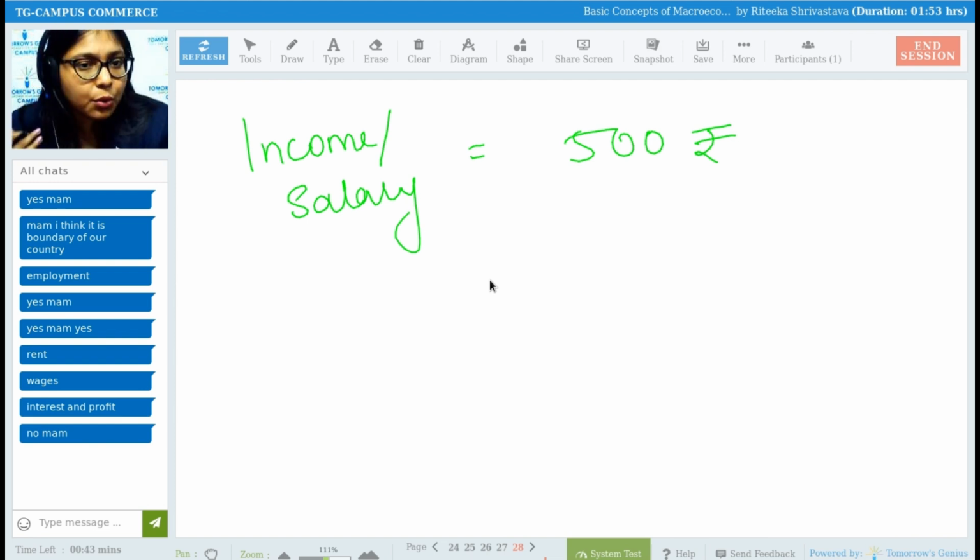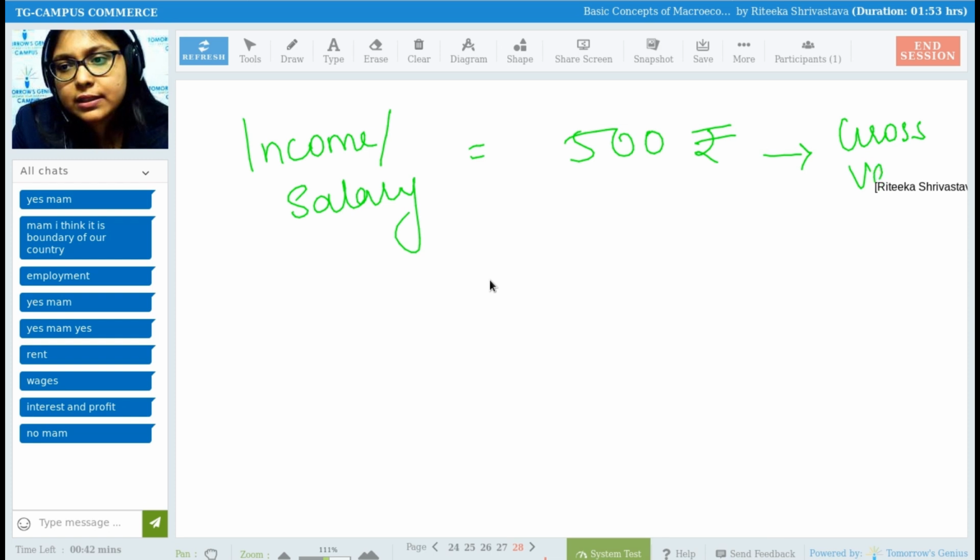Don't go into detail and wonder how anybody can receive 500 rupees. It's an impractical example. I am taking small amounts so that we can understand the example. If I take 5 lakhs, 6 lakhs, 10 lakhs, then it will confuse us. So just understand the concept. We all receive income and salary. Income is 500 rupees. So this 500 rupees is nothing but the gross value.